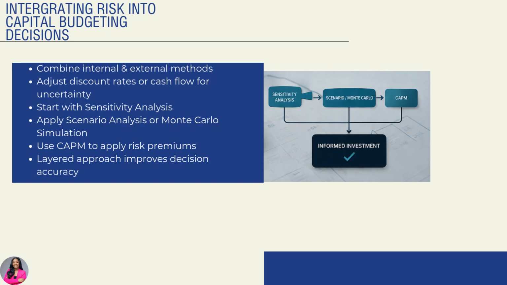Finally, the discount rate is adjusted using models like CAPM or by adding risk premiums. This layered approach ensures that both quantitative data and qualitative judgments are used together. And in the end, by doing this, organizations can make more informed, accurate, and confident investment decisions.